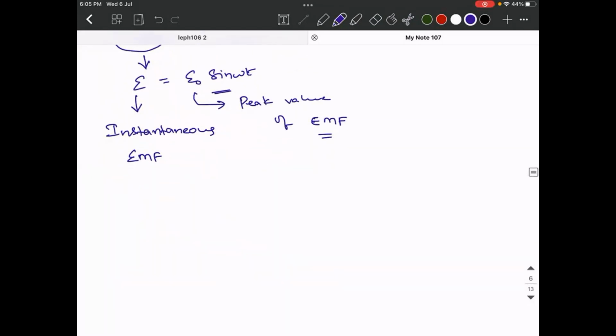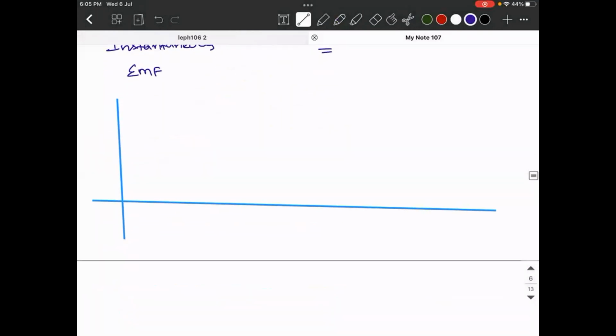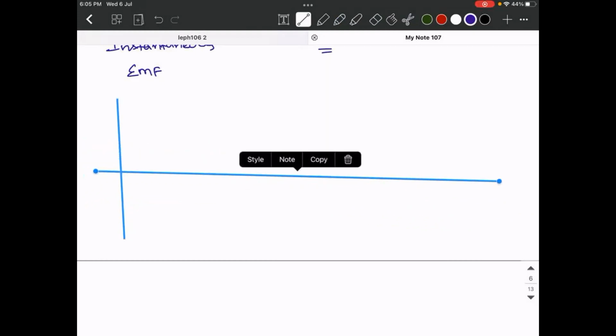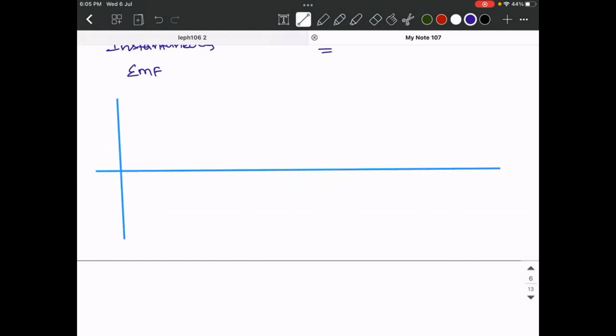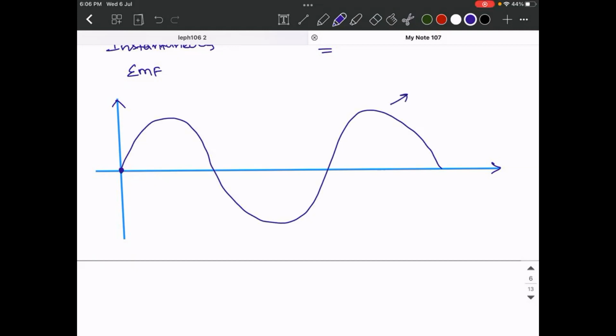How is the graph going to look? This is not the graph for sine. So I can write it as E naught sine omega t, where this is the instantaneous EMF and this is the time.